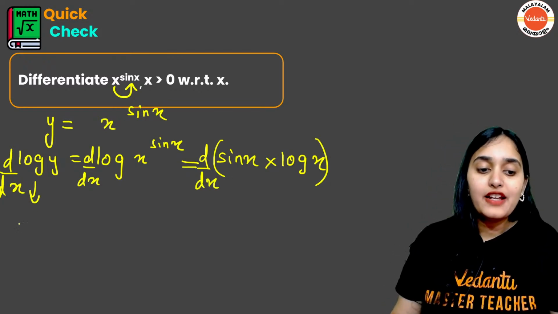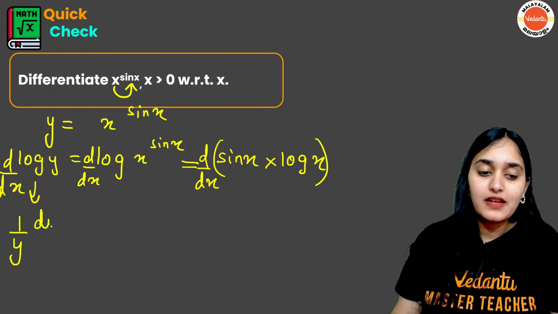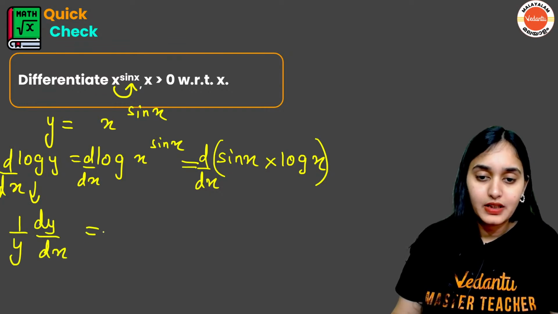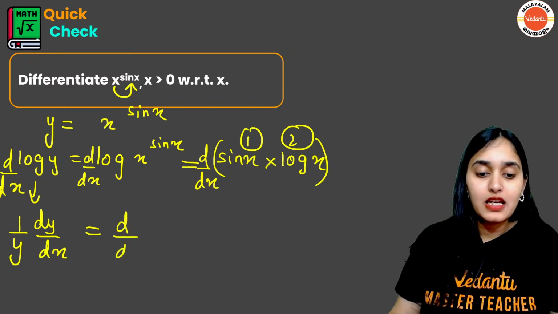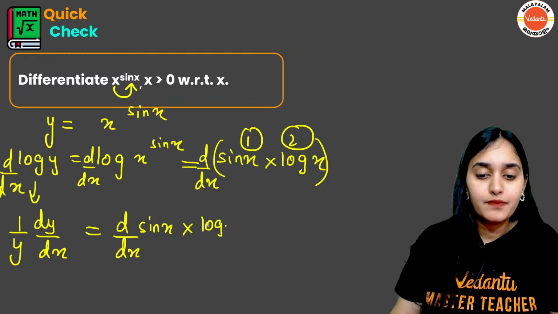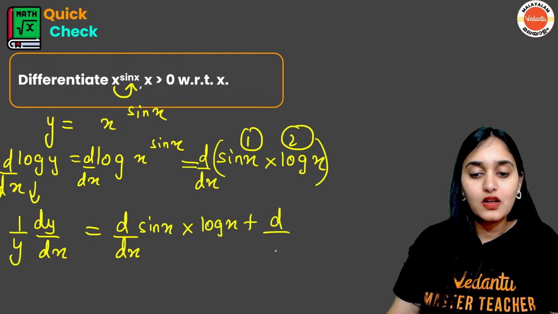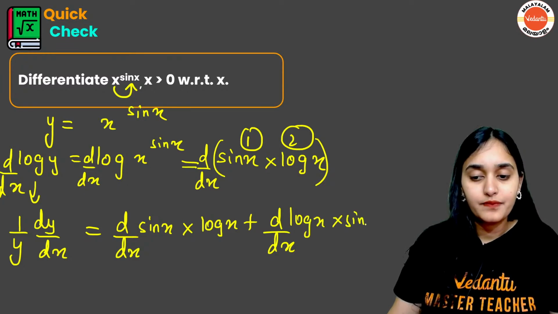So log y differentiation 1 by y dy by dx. Product rule, first function, second function. Differentiation of sin x into log x plus differentiation of log x into sin x.